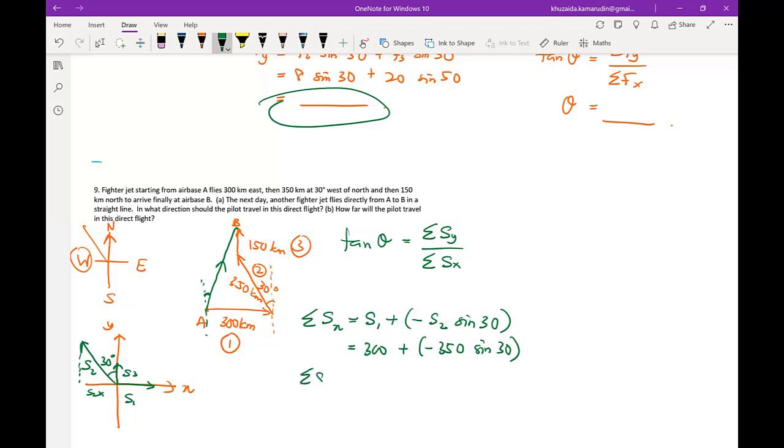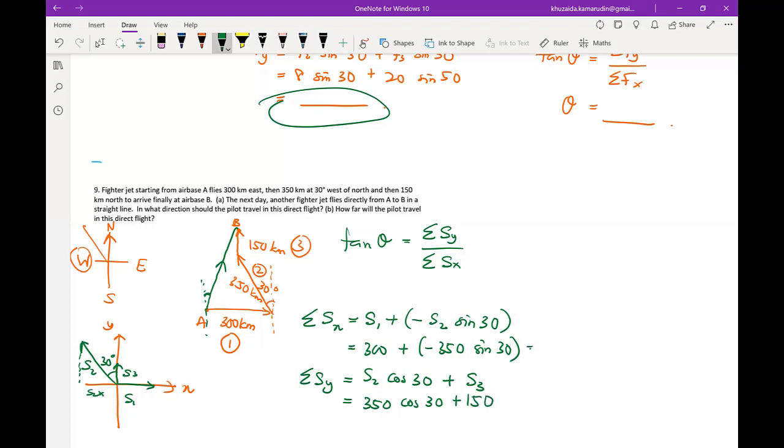And then summation of Sy macam biasa. So we have yang berada dalam komponen Y is S2 cos 30. Okay, resolve. And then plus S3. Okay, so S3 is exactly in Y component. So we have here 350 cos 30 plus S3 is 150.